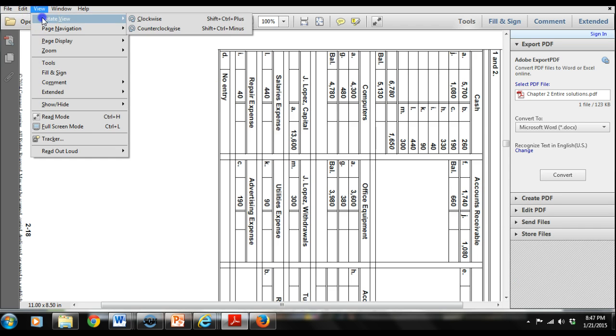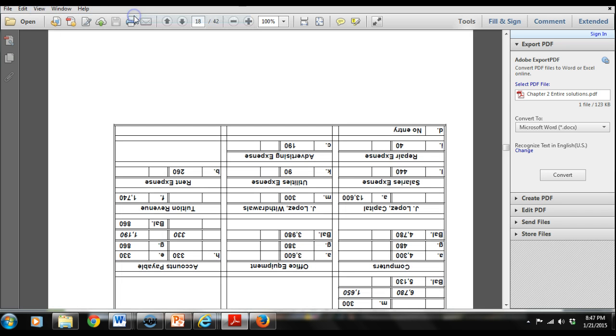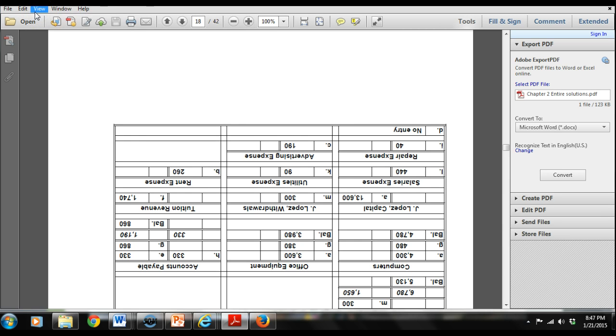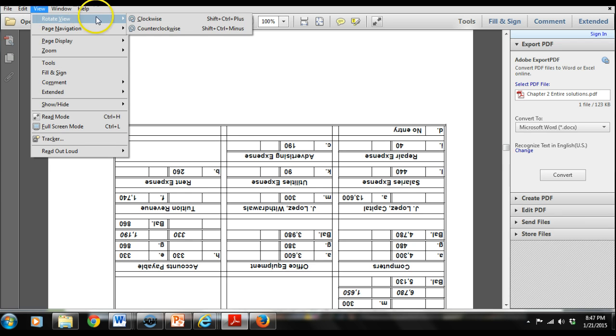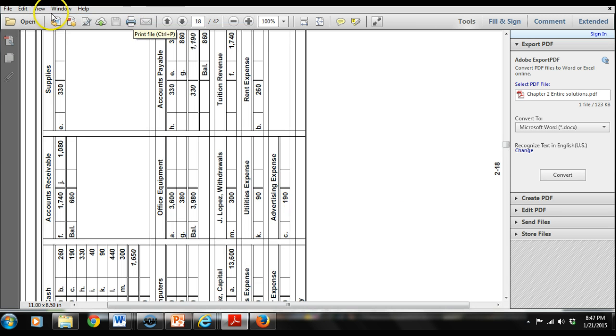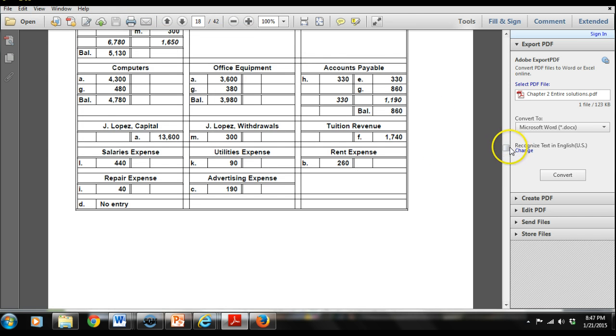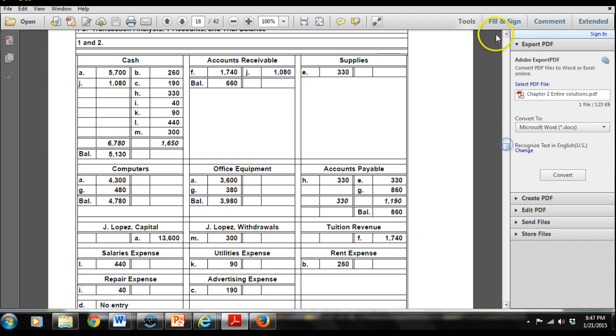View, rotate view. Oops. There. Do you see what I want you to do? Just put in the account names.